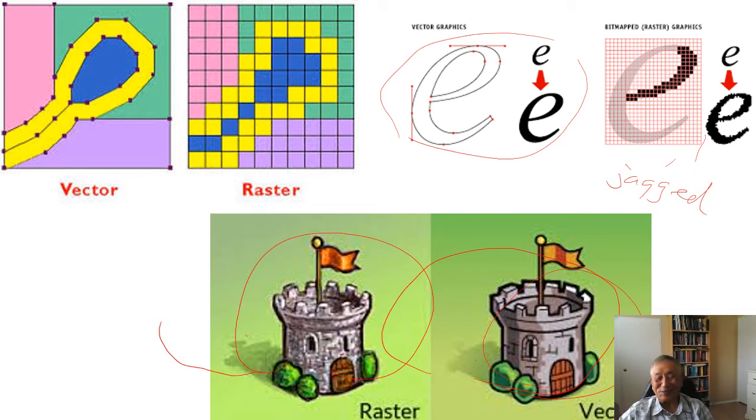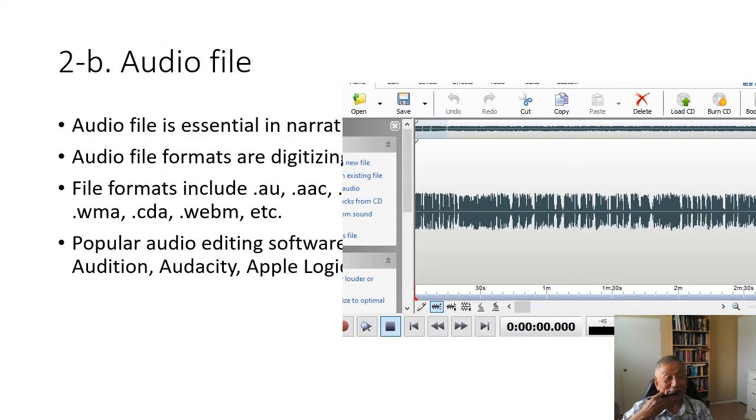That's what the graphics people do, so don't worry about that name. Then the audio file is something that goes more like a wave, sine waves and cosine waves, into some digitized form. Sorry, I should have removed this one.